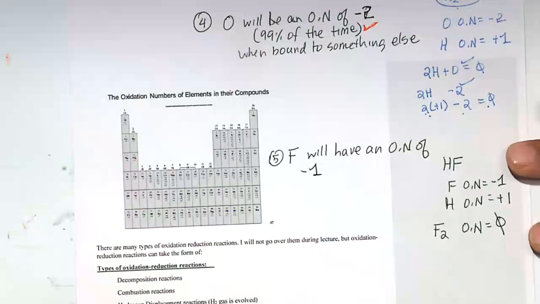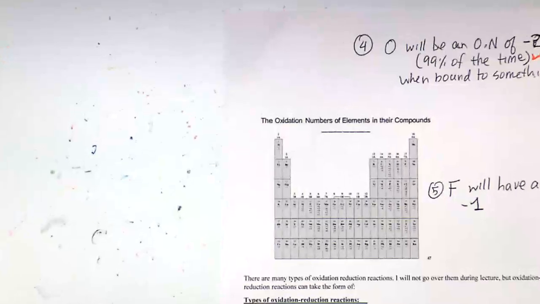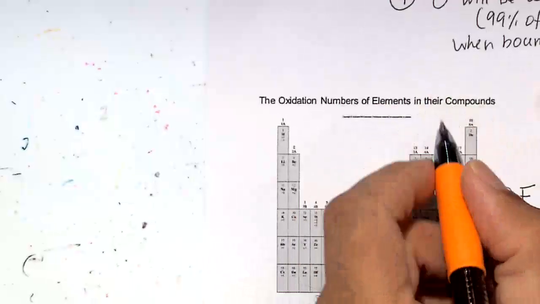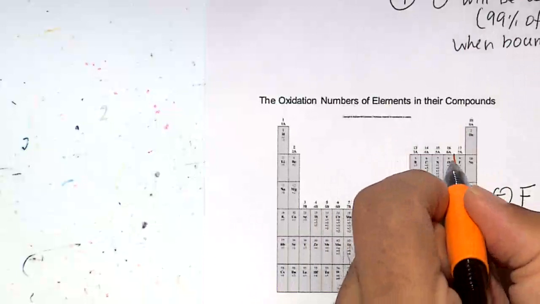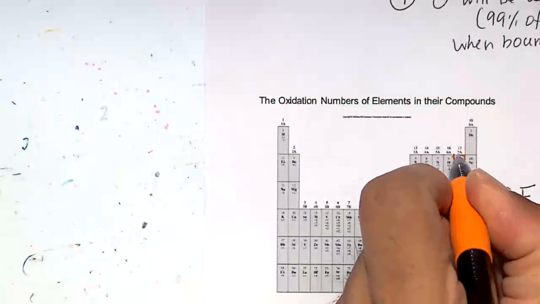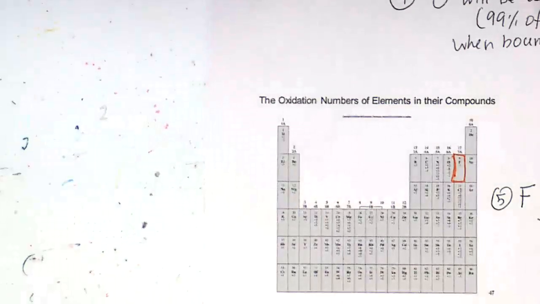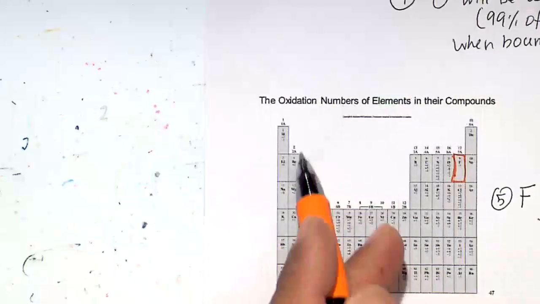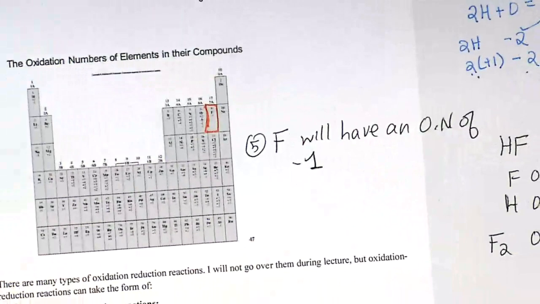All right, so fluorine will always be -1. You actually see that here. I know it's hard to see, but fluorine has just one oxidation state, and that's -1. Now, all these others have all these different oxidation numbers.